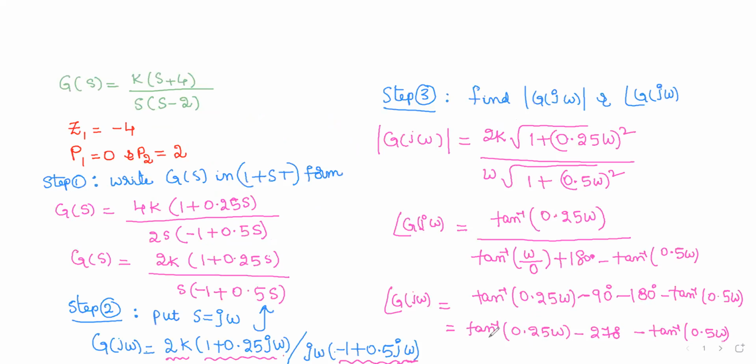So this is tan inverse infinite and this is also tan inverse infinite. So plus tan inverse infinite and minus tan inverse infinite get cancelled. Sorry, here the equation is minus 90. Okay, minus 270 degrees.